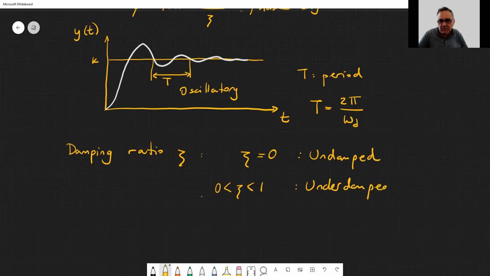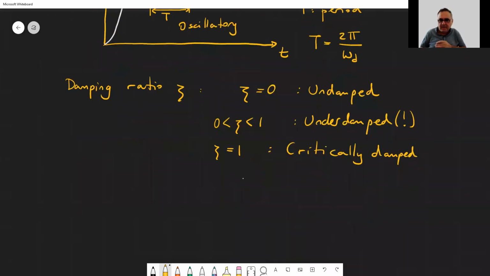And as we know, underdamped systems are the most important for our case. If zeta equals 1, you have a critically damped system. And if zeta is greater than 1, you have an overdamped system. Okay.